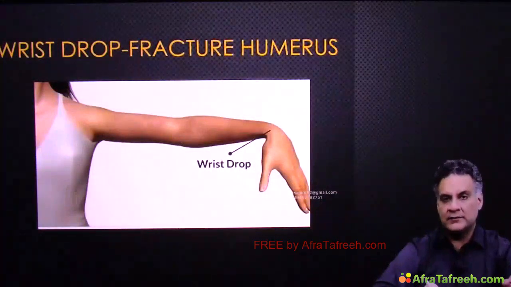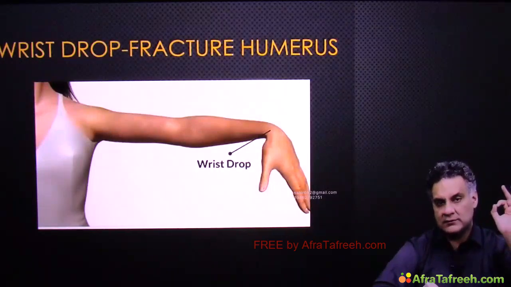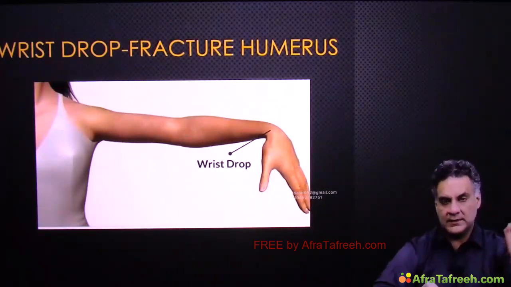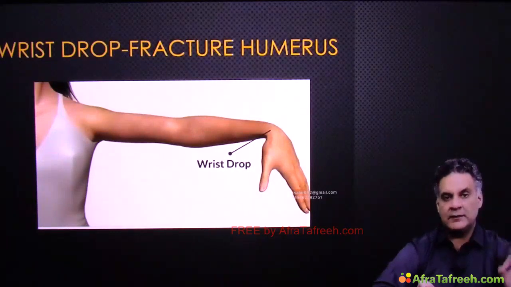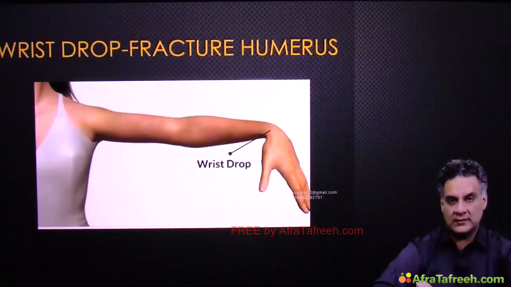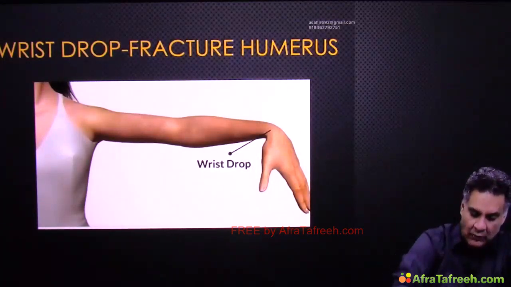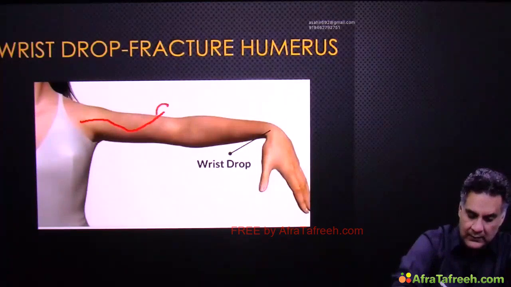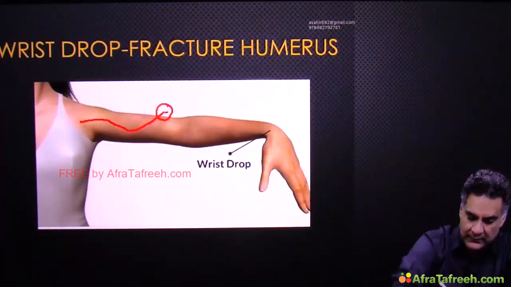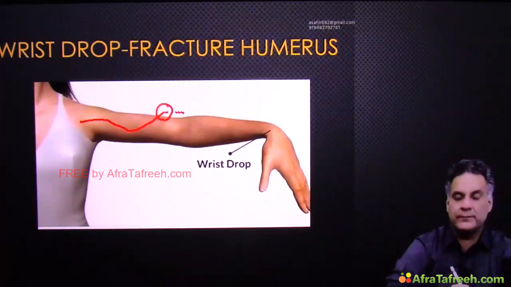The most common nerve involved in the human body is the radial nerve. Its most common cause of injury is a fracture of the shaft of the humerus. Looking at the level at which it can be involved: it comes from the brachial plexus, goes around the spiral groove, and at the lower 1/3 level pierces the lateral intermuscular septum and comes anteriorly.